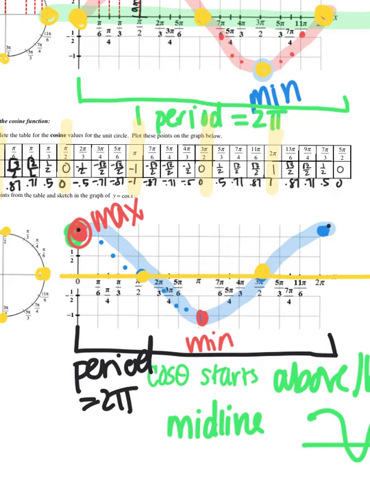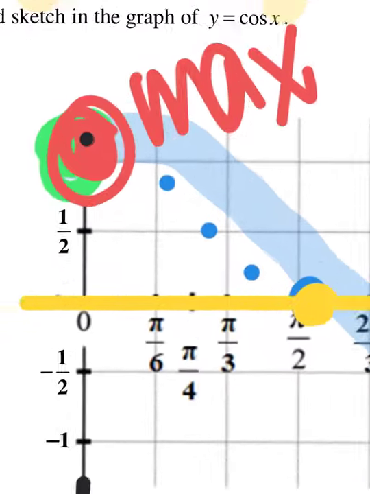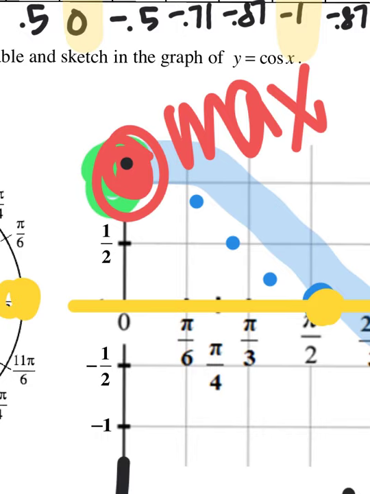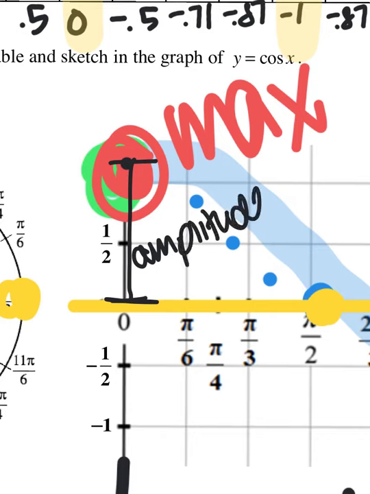And then the last thing that I can label, from that vocab from yesterday, is the amplitude. And I can label that as mid to max or mid to min. It'll be the same thing either way. So the distance from my midline to the max will be my amplitude.